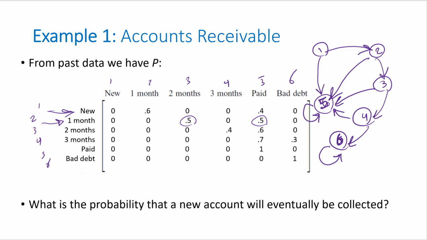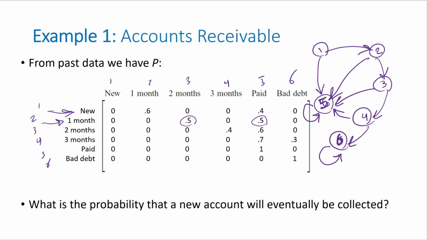You will eventually transition to a closed account, either paid off or written as bad debt. So those are all transient. We can classify this system as an absorbing chain, because it has 2 absorbing states and the rest of the states are transient.